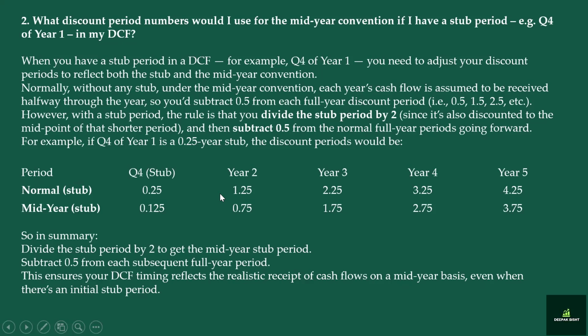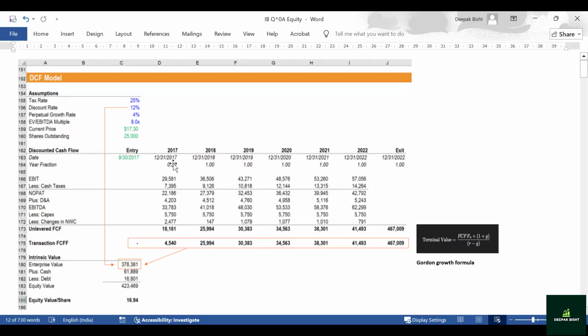What is a normal stub? If I'm discounting this to here, I will be discounting it by 0.25 only. I will be discounting 4540 by 0.25 only. The second quarter, I will be discounting 25,994 at a rate of 12% by 1.25, because the present value today is actually one quarter and one year away.